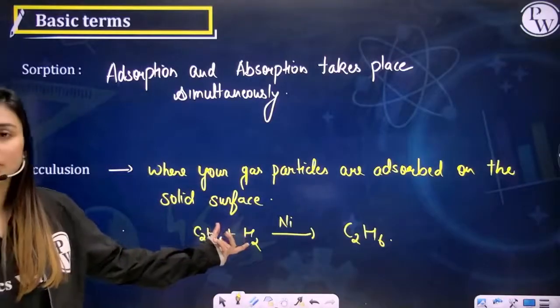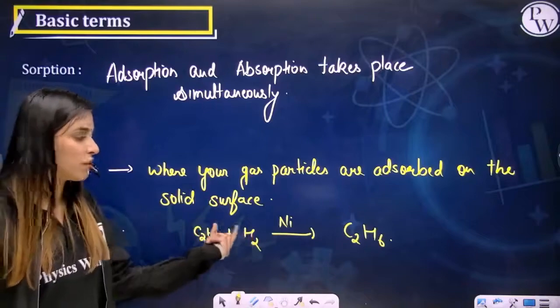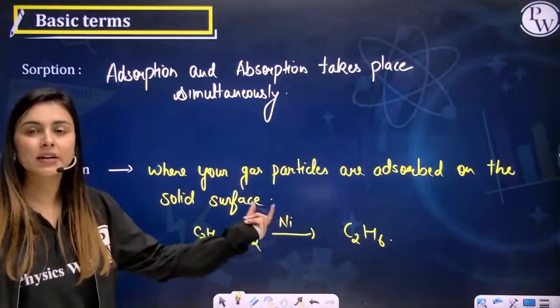You might have heard about this reaction, that is hydrogenation, where you have C2H4, you have H2, both of them are gases, and nickel is your solid, and nickel here acts as a catalyst.